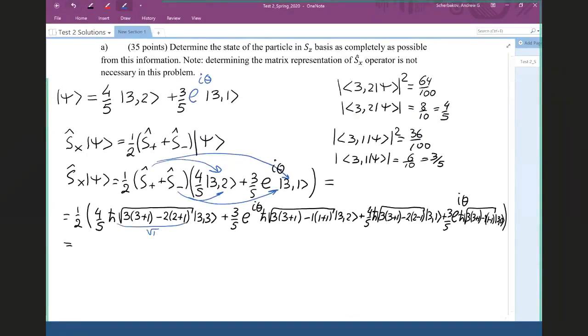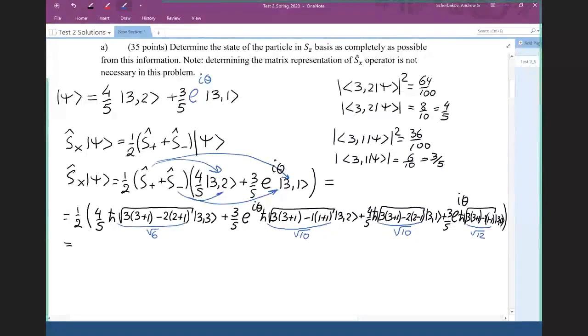The second one is the square root of 12 minus 2, so square root of 10. This one is also square root of 10, and this one is the square root of 12, I believe.